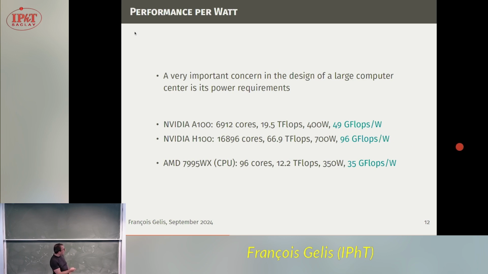And here I've looked on Google for what seems to be the highest performing CPU you can buy nowadays. It has 96 cores, reaches 12.2 teraflops and needs 350 watts. So this is only 35 gigaflops per watt. So in a sense, by that measure, the GPUs outperform the best CPUs available by a factor of 3.